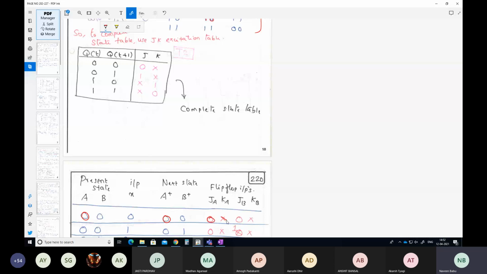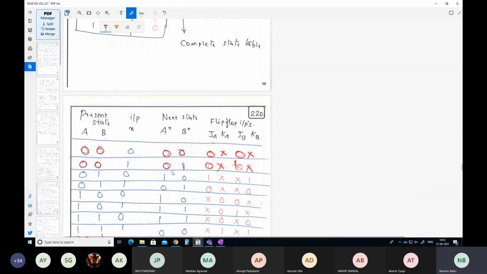So it is 0x. Again, when it is 0, 0, it is 0x. When it is 0, 0, again it is 0x. When it is 0 and 1, 0 and 1 corresponds to 1x. So it is 1 and x.